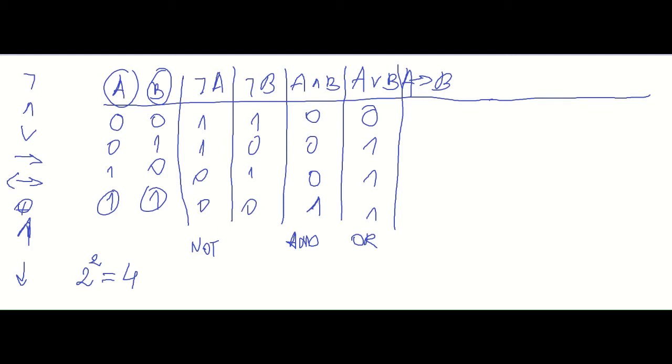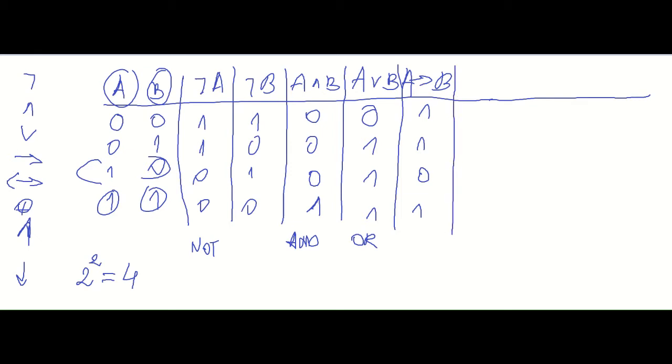So actually this is the line here. In this line implication is false, and in other lines we have 1. This is a law, a rule for how this operator behaves.